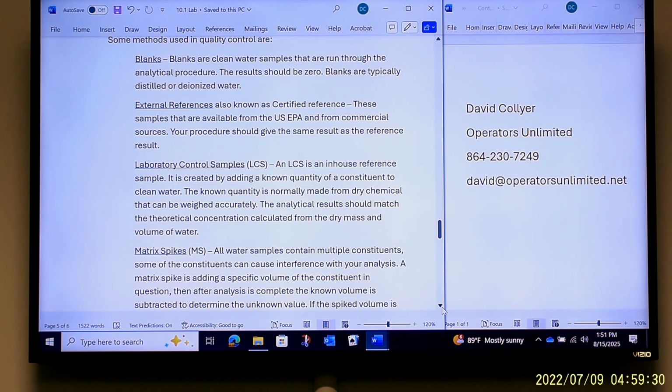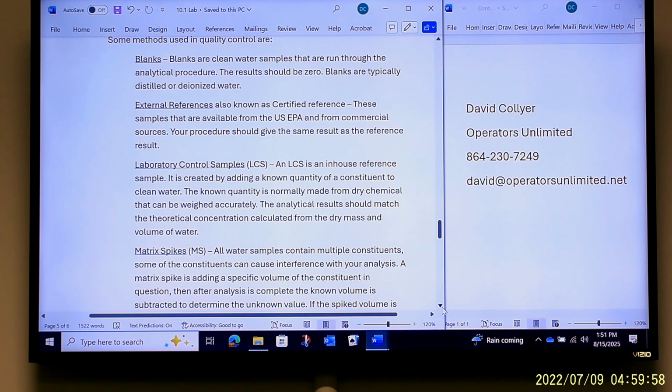You've also got laboratory control samples. A laboratory control sample is an in-house reference sample. It is created by adding a known quantity of a constituent to clear water. The known quantity is normally made from dry chemicals that can be weighed accurately.